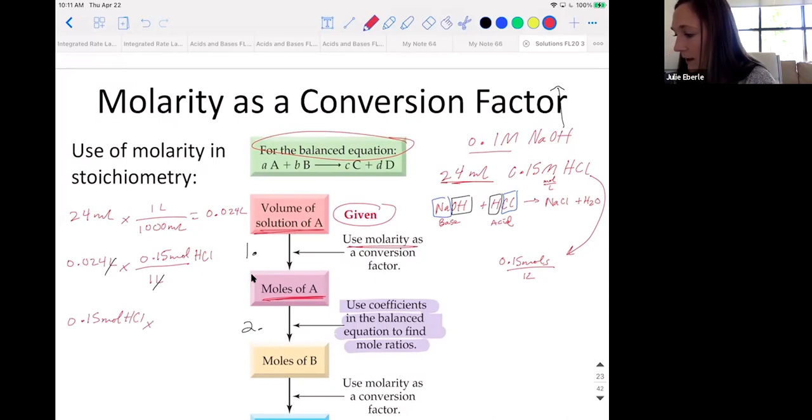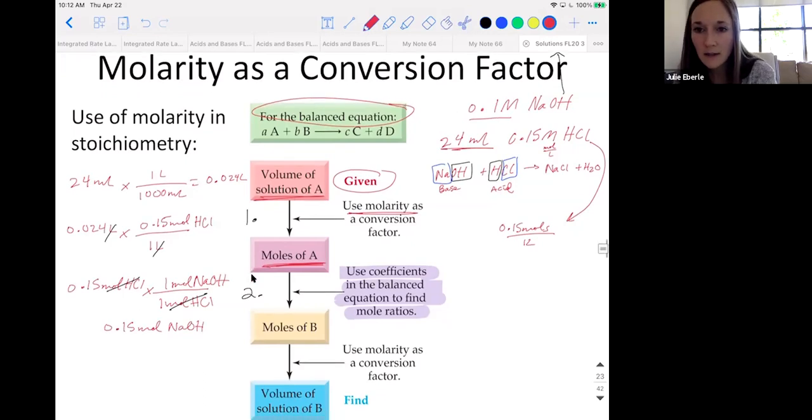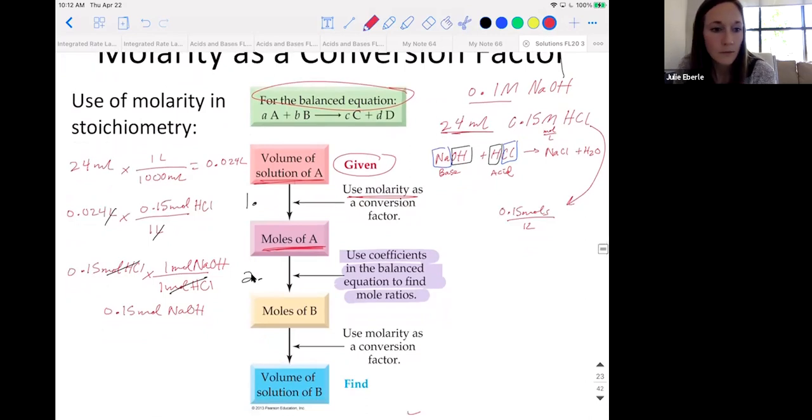And based on my balanced reaction that we wrote, for every 1 mole of HCl, it's 1 mole of NaOH, okay? Moles of HCl cancel out, and we should get 0.15 moles NaOH. Again, don't skip that step. The numbers are the same, right? 0.15 and 0.15. Wait.